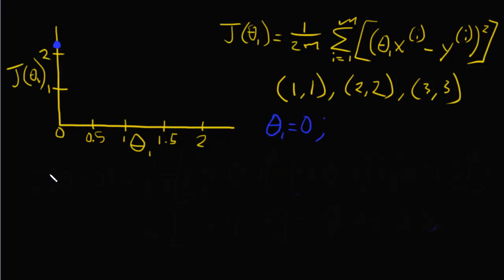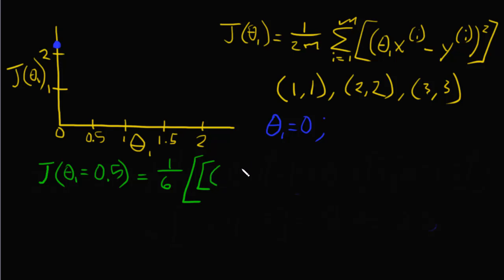Okay, now let's take a different slope. Let's do j evaluated at theta 1 is equal to 0.5. Okay, that will equal 1 over 6, big bracket, little bracket.